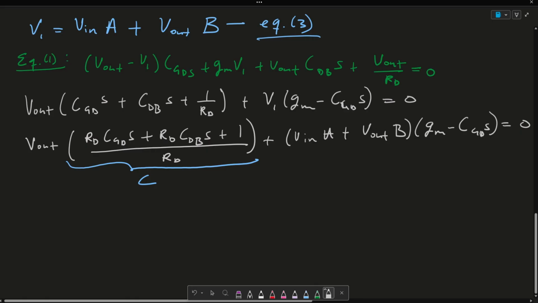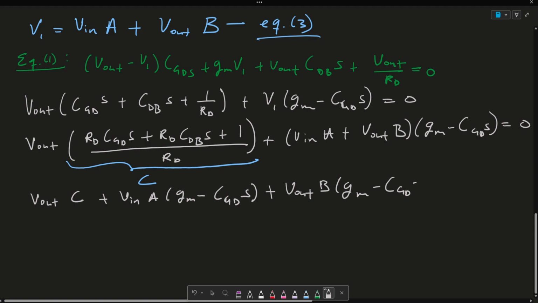And so what happens now? So then Vout times C plus Vn times A times GM minus CGDS plus Vout times B times GM minus CGDS has to equate to 0.